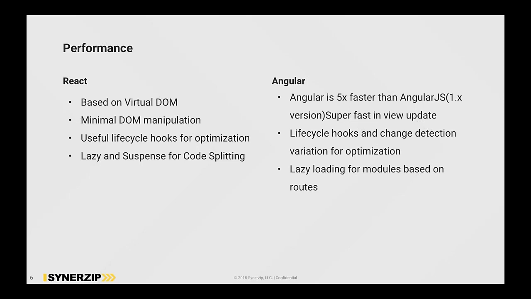Likewise, React uses something called the virtual DOM behind the scenes, but Angular doesn't use anything like that. It performs operations on the real DOM, but it has something called a change detection system.